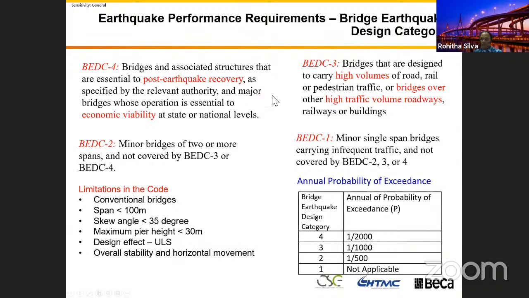So for your motorway, you design all the bridges for BEDC 4, or importance level, but the one on top, they say it's not important because it's just a local road linking this town to that town. Yeah, if they have an earthquake, they can use the other one. So what happens if this one collapses onto the motorway? You can't use the motorway then.